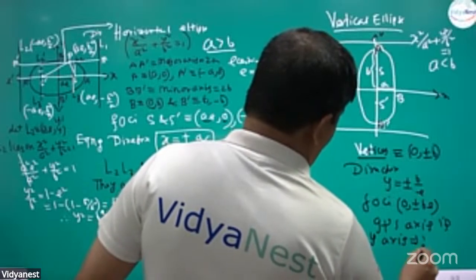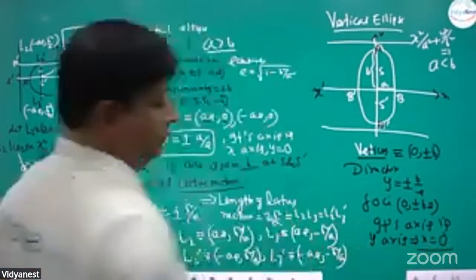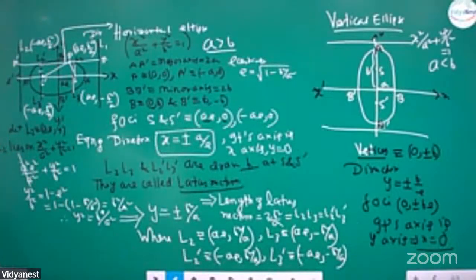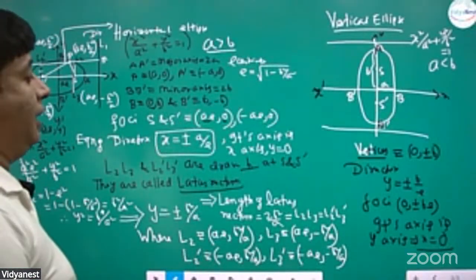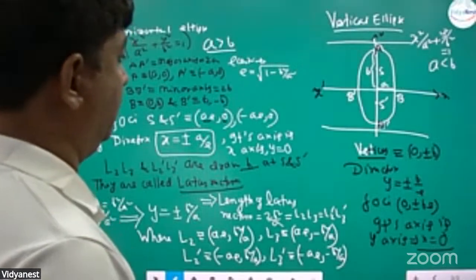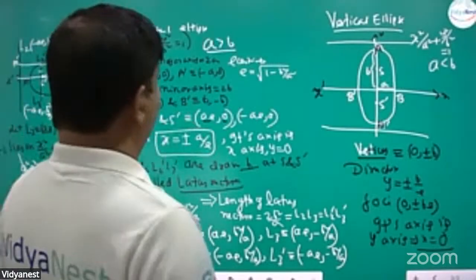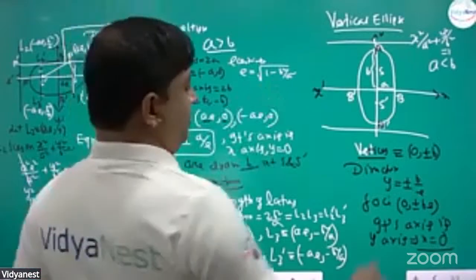Its equation is x equals 0. What will be the eccentricity? We got 1 minus b square by a square.